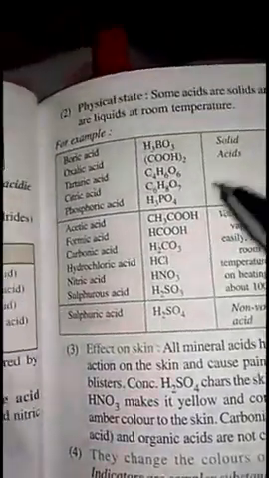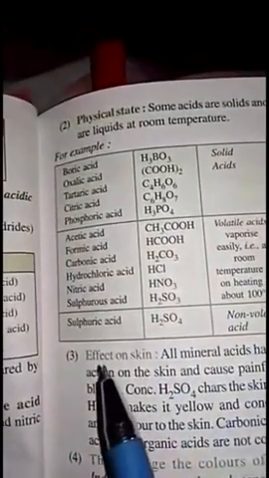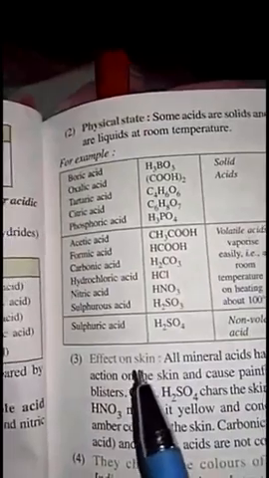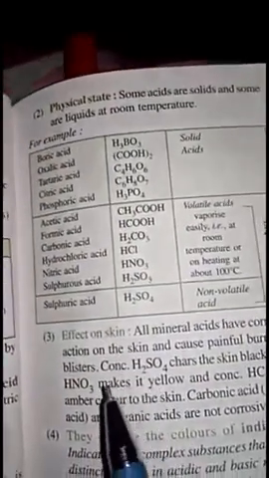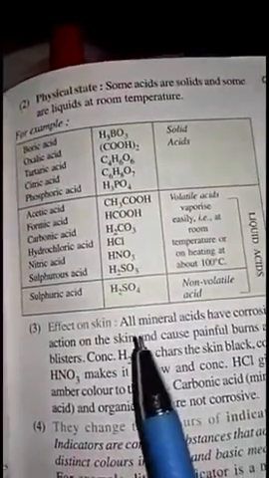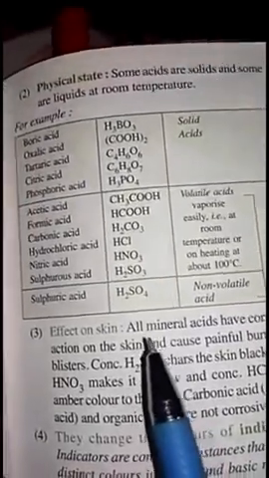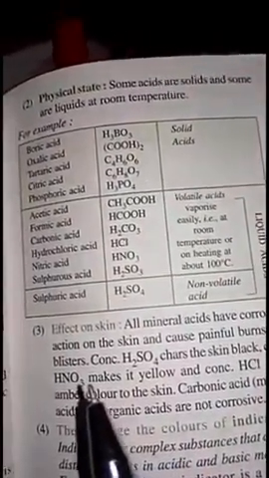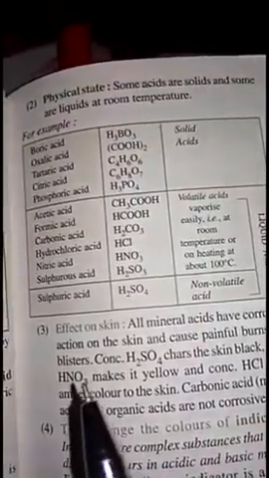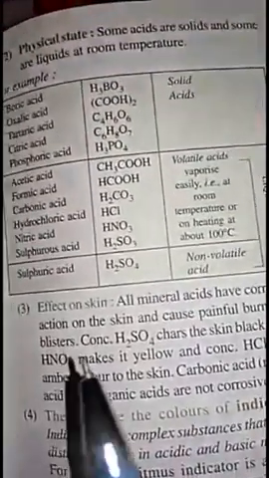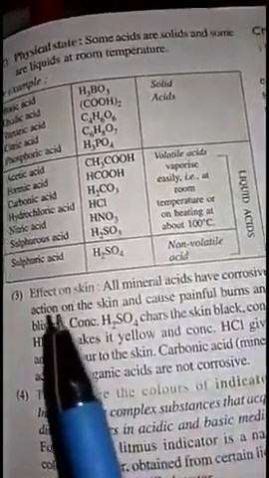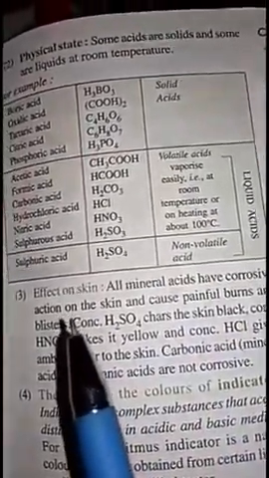Physical state. Now, effects on skin. So all the acids, especially mineral acids, meaning the acids which we prepare artificially, like sulfuric acid, hydrochloric acid, nitric acid, are different. First of all, they have the similar effect that they all are corrosive.